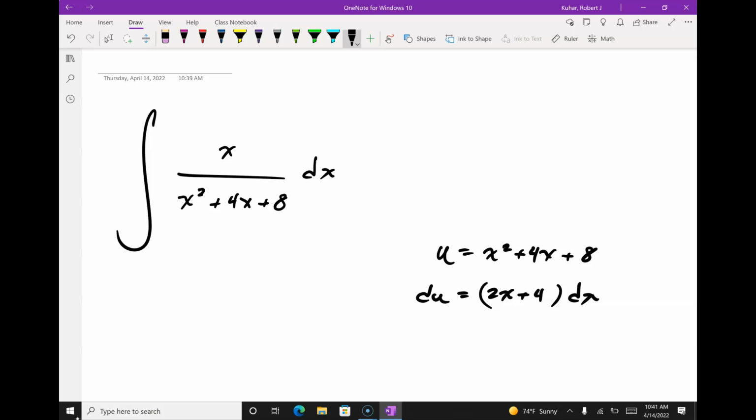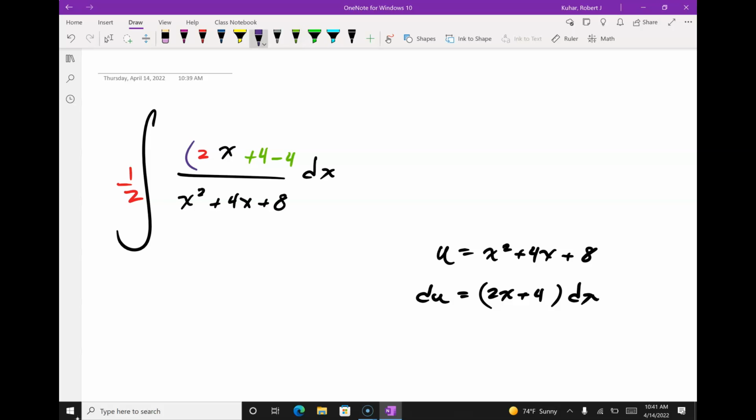Yes. Can I add 4 upstairs? Yes, as long as I also subtract 4. There's my add 0 that I was talking about Tuesday. Multiply by 1, add 0. Divide and conquer now, right? Do you see it?